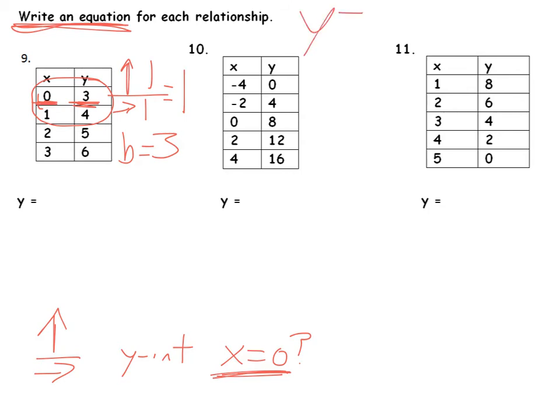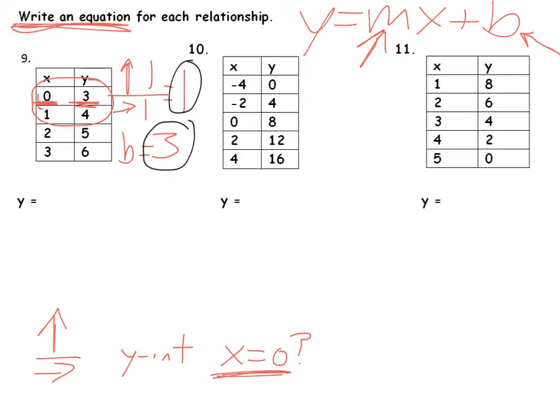The equation I'm trying to write is y equals mx plus b. So I put my slope in for m, and I put my y-intercept in for b. So in this first question, my slope was 1, and I figured out that my y-intercept is 3. So y equals 1x plus 3. In the second question, I will pick these 2 points. How much does the y go up? It goes up 4.